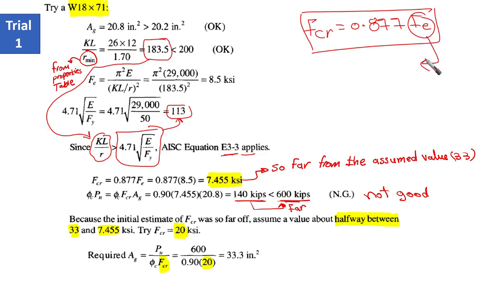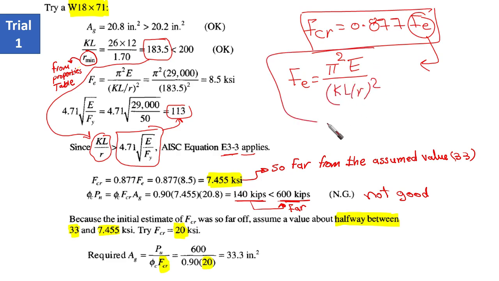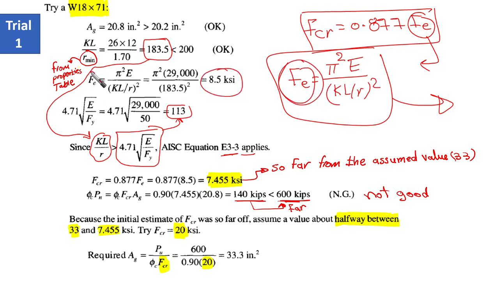FE, if you remember, equals pi squared E over KL over R to the power 2. From where I got this? From the previous videos. Please revisit them. So we are going to obtain this FE. This value of FE is going to be 8.5 here.